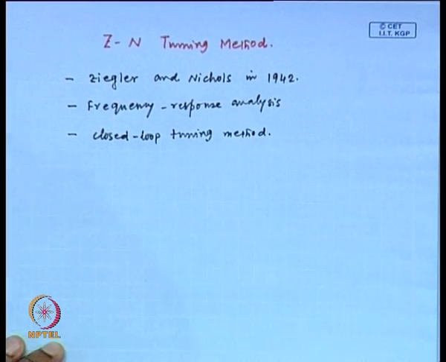This technique can also be used online. I mean, when the process is in operation, we can use this technique for tuning purposes. Therefore, this technique is also sometimes called the online tuning method. So, this technique is called the closed loop as well as online tuning method.